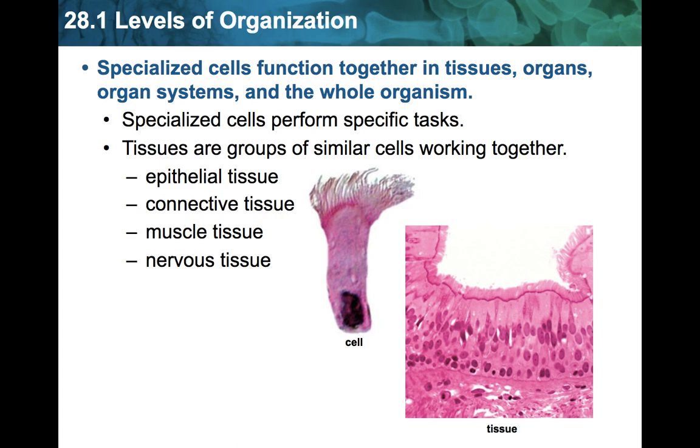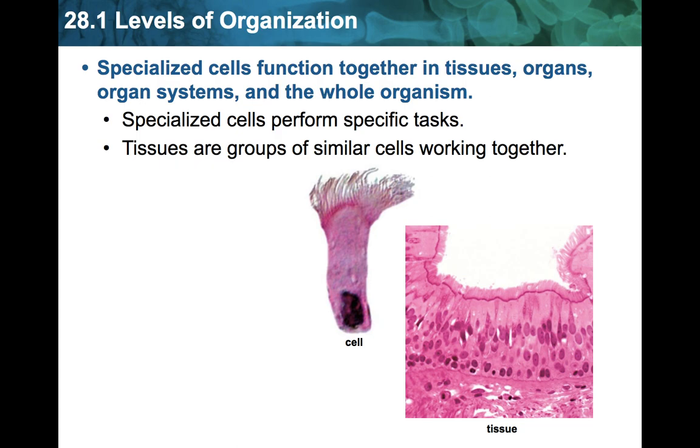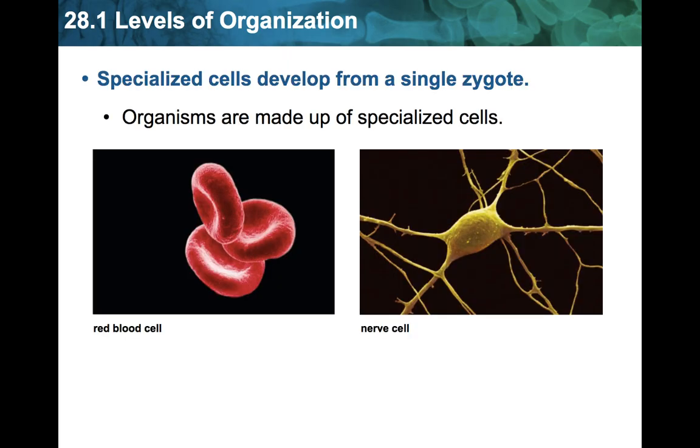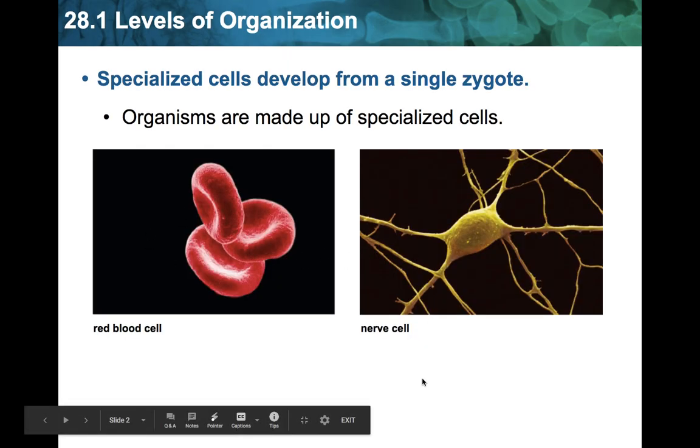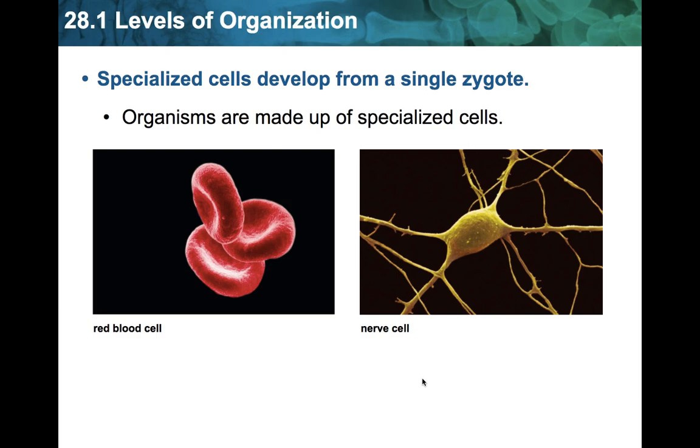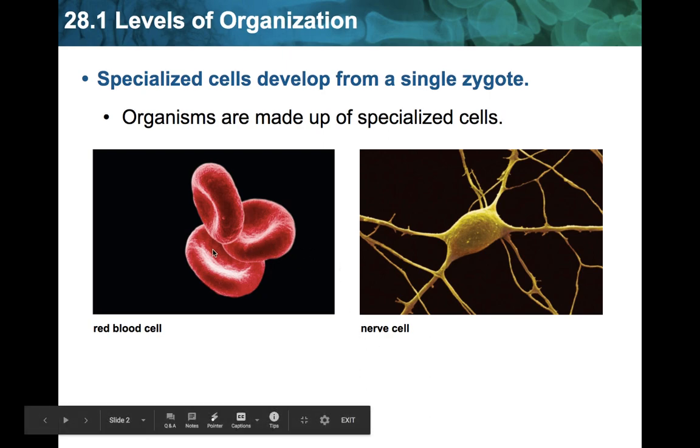All right, we already talked about this a little bit, but obviously specialized cells perform specific tasks. So if I go back real quick to the red blood cell and the nerve cell slide, you can see that they look very different. And remember, we talked about structure determines function. Red blood cells are shaped like this so that they can flow through your veins really easily.